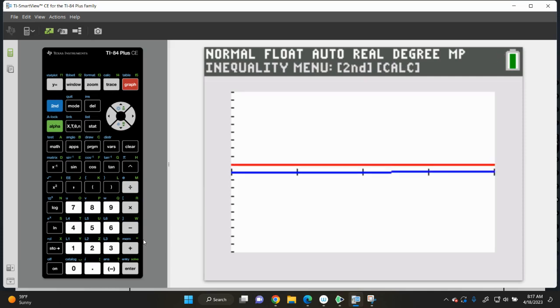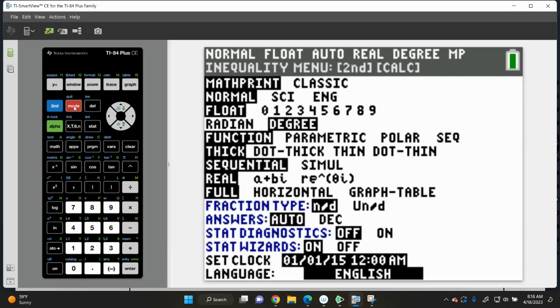Oops, what did I do? Because that's not a tangent function that I'm looking at, is it? So what's the problem? I'm in degree mode. Again, we have to understand our graph enough to understand the calculator output.